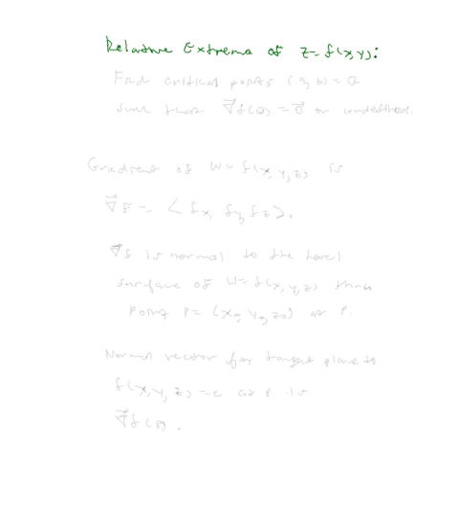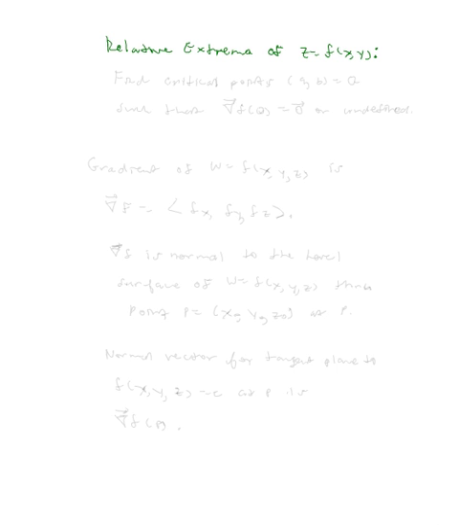So if we were to take z equals f of x, y and fix y and allow x to change, if we have a relative extreme value at (x, y) equals (a, b), then we know that the derivative with respect to x at (a, b) has to be 0.